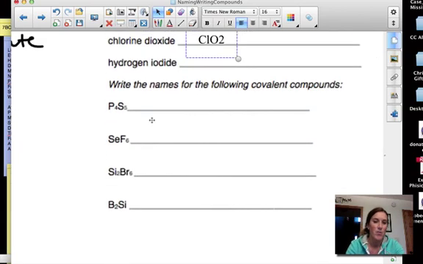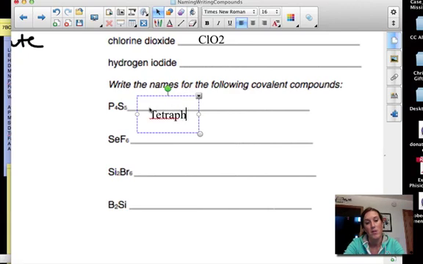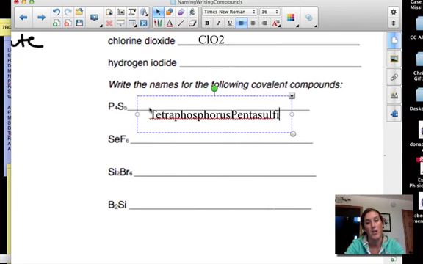Now, just the opposite, we are going to look at the formula and write the compound, starting with P4. 4 is tetra. P is phosphorus. S is sulfide. There are 5 of them, so pentasulfide.